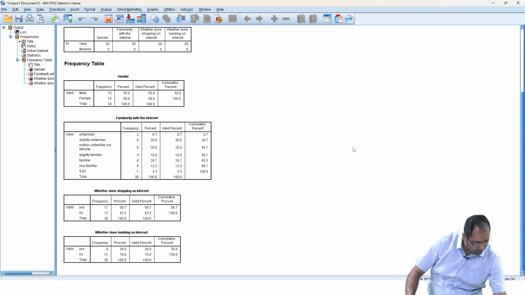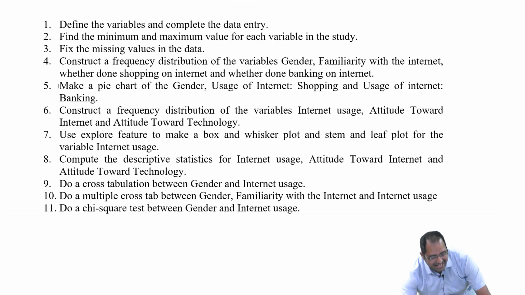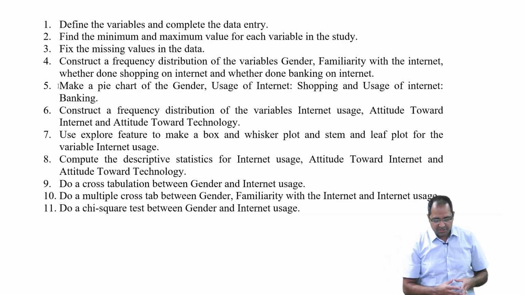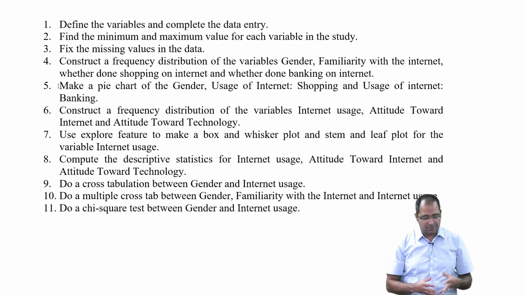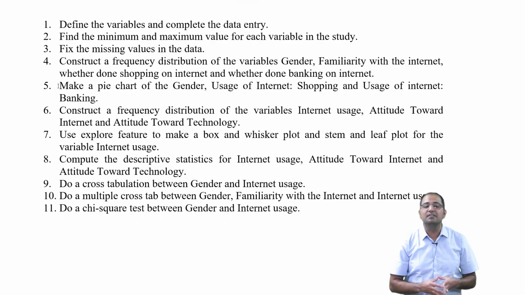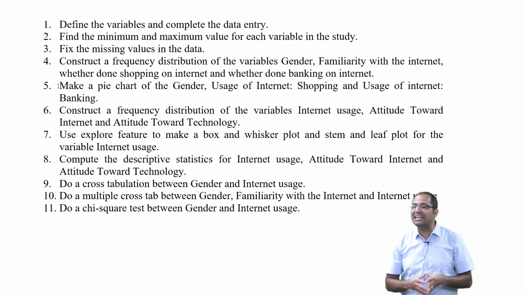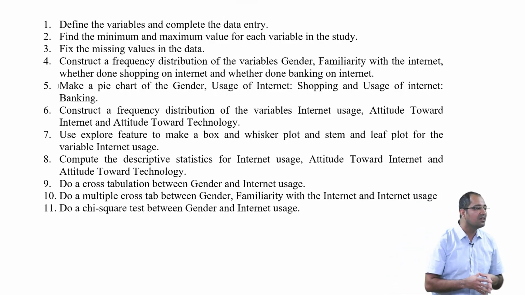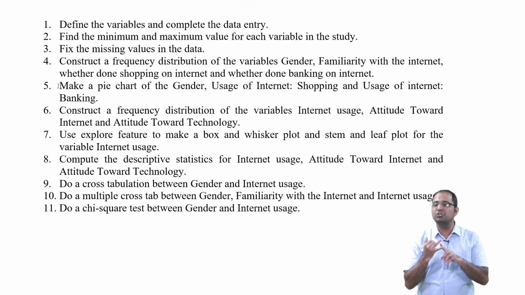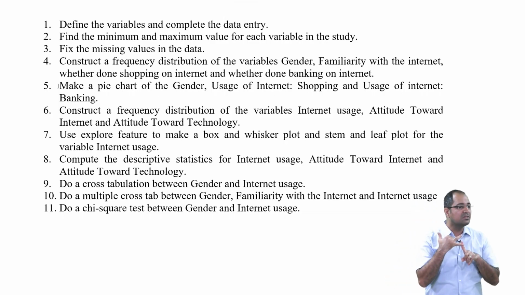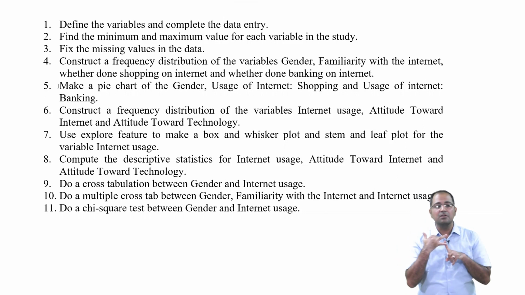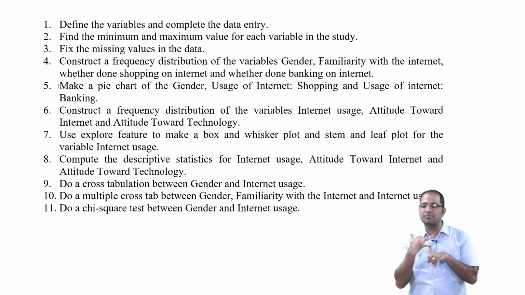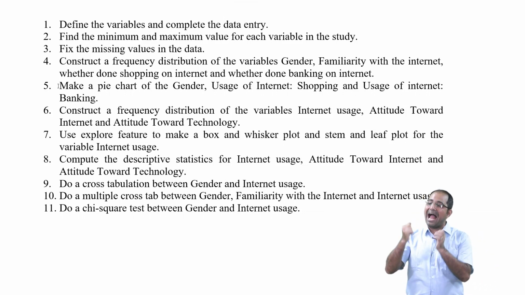The 5th one is to make a chart for gender, usage of internet shopping, usage of internet banking. Now what kind of variables are these? What kind of variables do you make a pie chart for? Categorical variables, nominal and categorical.